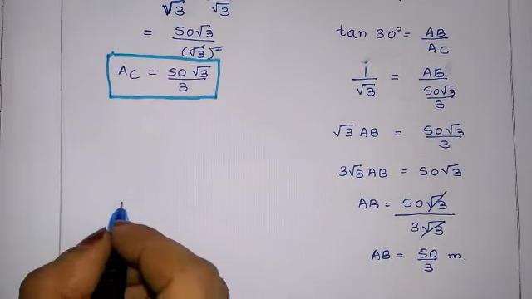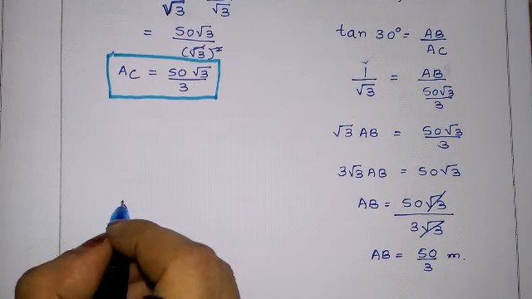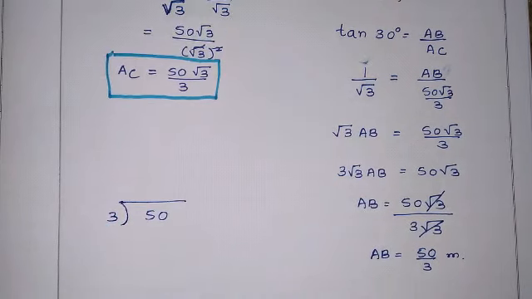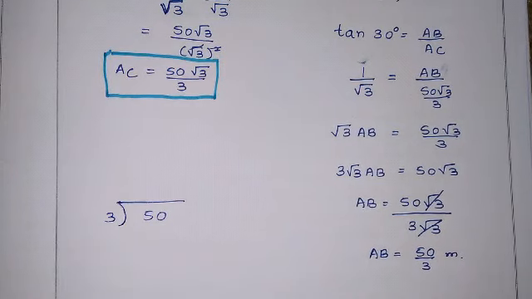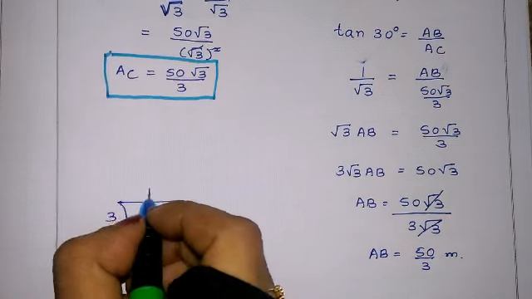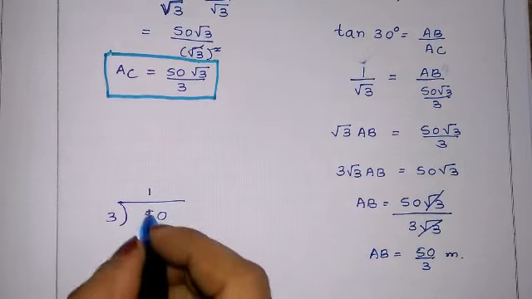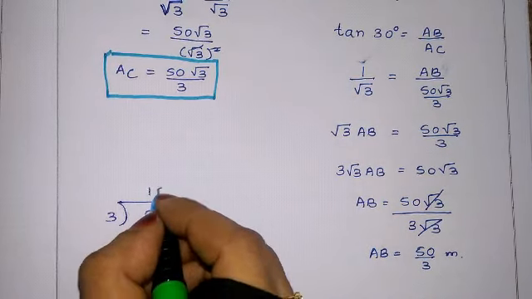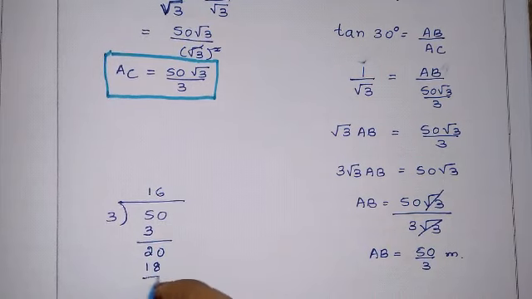But according to the answer, they have divided 50 by 3. 3 table we know, 3 ones are 3, 2 left, 0. 3 6s are 18, 2.